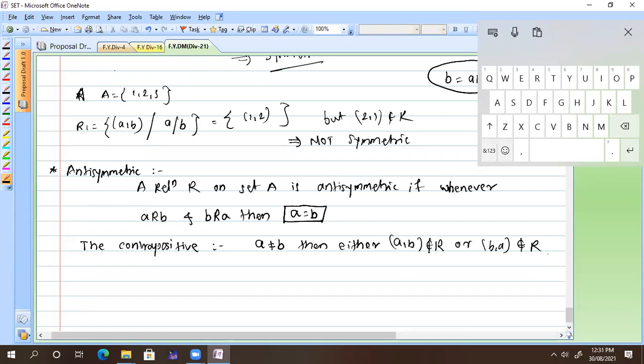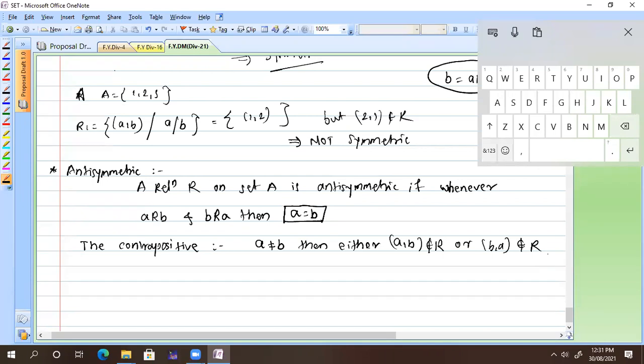So when A is related to B and B is related to A, then A should equal B, and only then the relation is anti-symmetric. Suppose you take two elements where A and B are not equal. Then either A is not related to B or B is not related to A. Either one should hold.